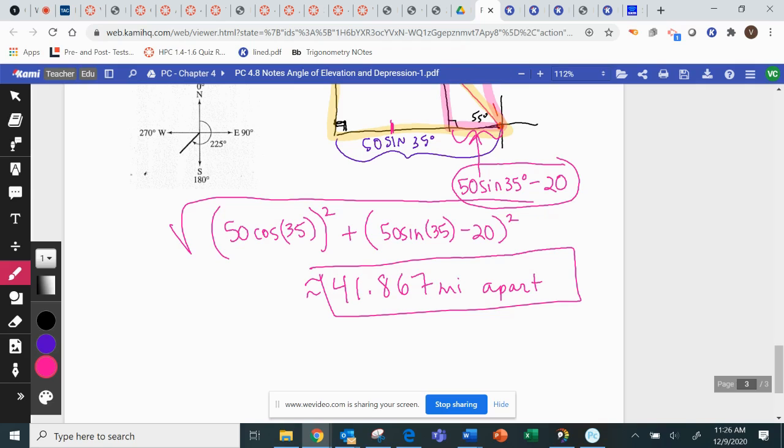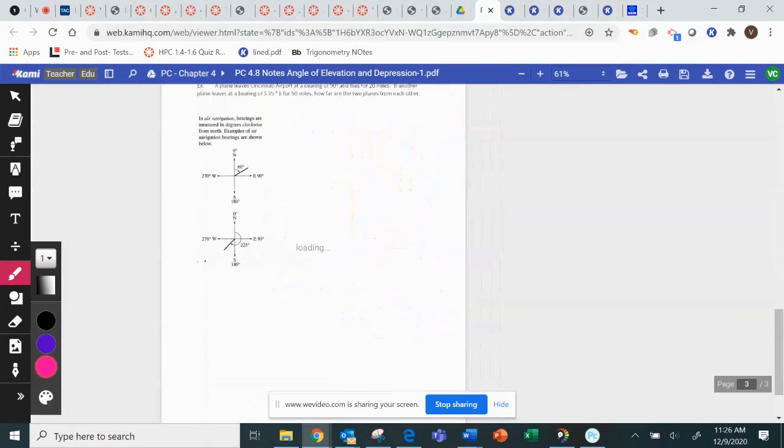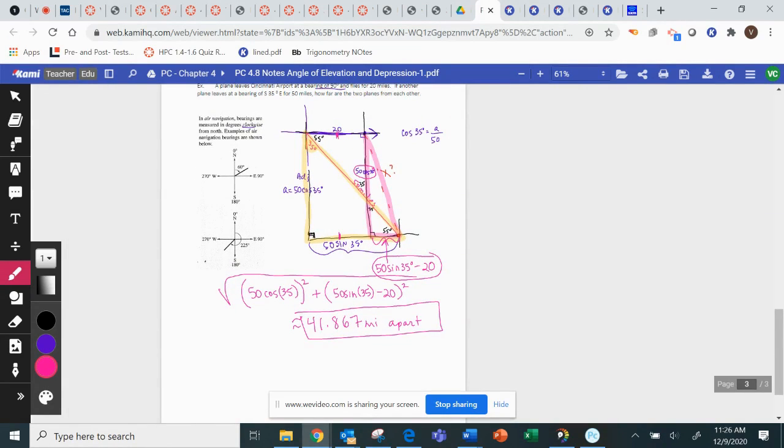So what's coming up for the rest of this semester, and then the very beginning of January, is going to be real life application, where the tough part is going to be setting it up and figuring out what formula to use where. We've only gone over bearings and angle of elevation and depression. There's a couple more things coming. But that's really all it is going to be for the rest of trig. And then we'll be done with trig. Okay.